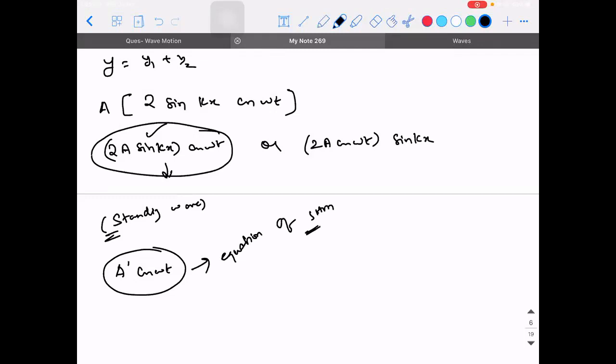But what is the difference between a particle in SHM and the equation that I have in my hand now? When you talk about a simple harmonic motion, the amplitude of a particle in SHM is a constant.